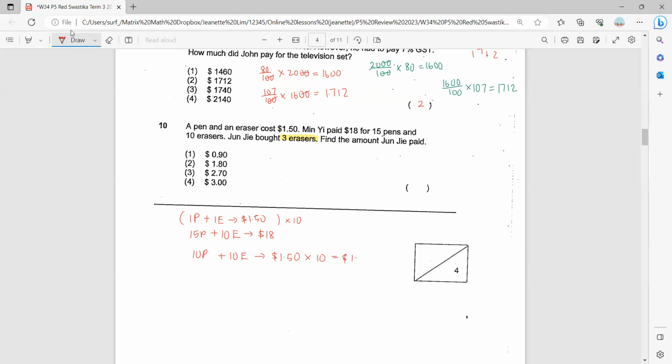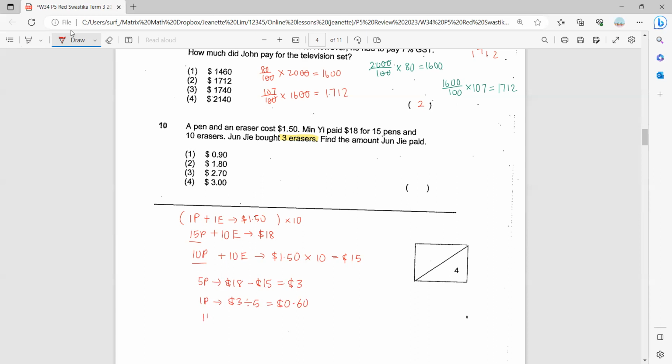Then you find the difference. The difference is 5 pens. $18 minus $15 is $3. So 1 pen is $3 divided by 5, which is 60 cents.